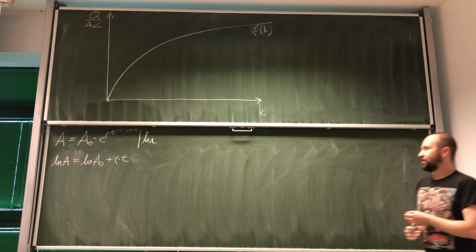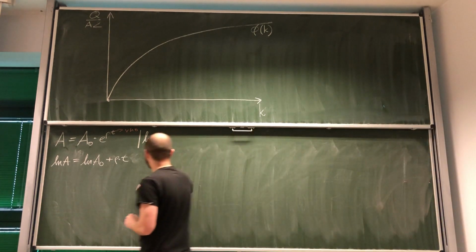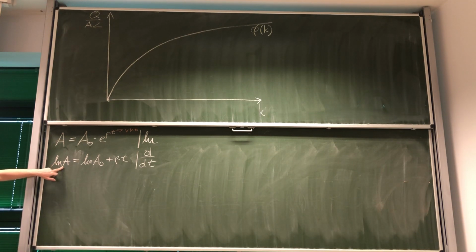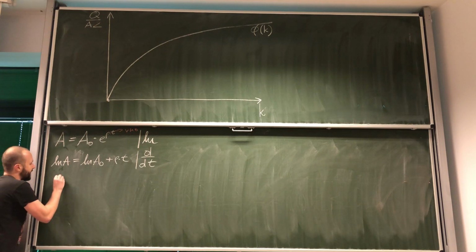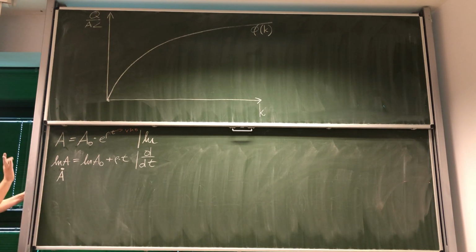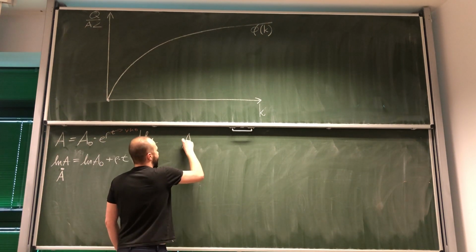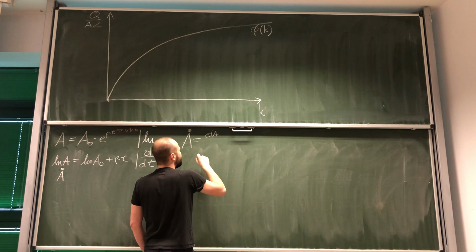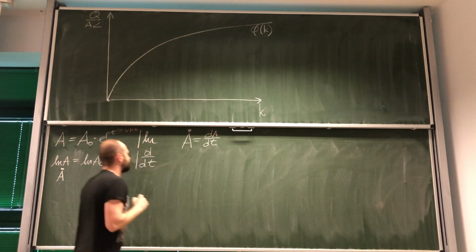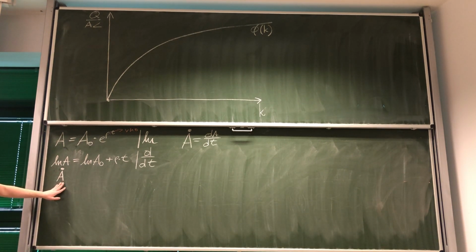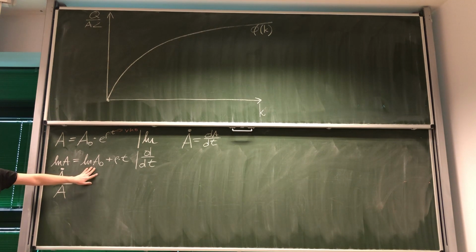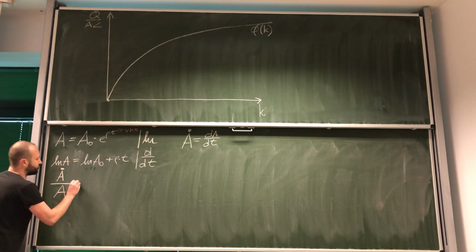Now, if I'm going to differentiate this function with respect to time, remember, a derivative of ln A will give us the derivative of A with respect to time, divided by A. Let's notice now that A with a dot over it is given by dA/dt, but of course divided by A. Now this is equal to 0 in differentiation, and here we've got just t, so it's equal to rho.